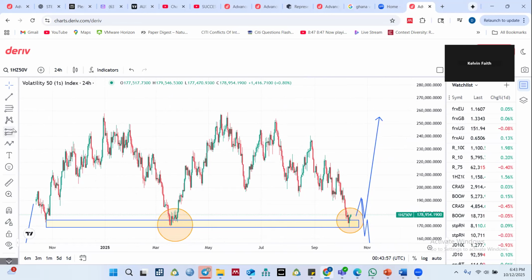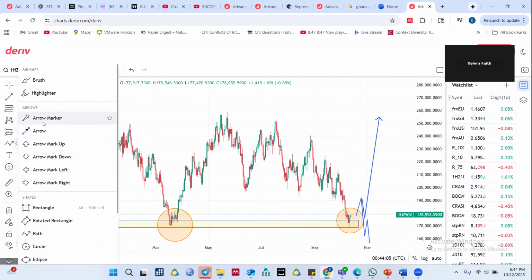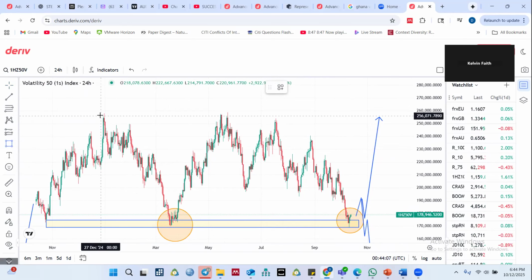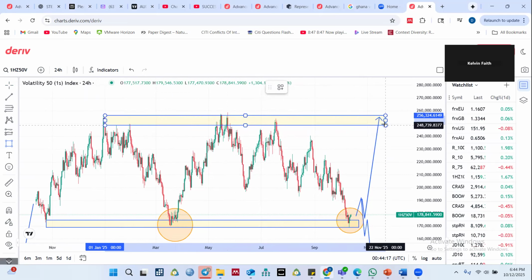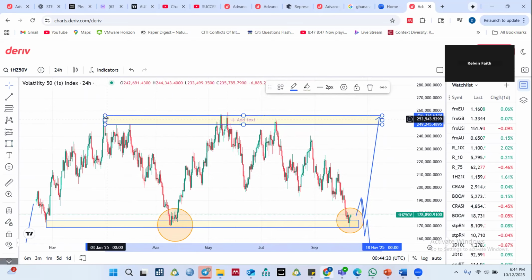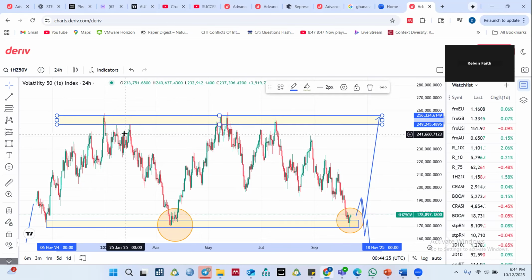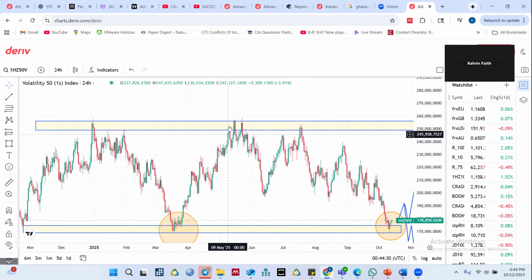So we have support below here. Let's try to identify the resistance that is also above. And this is what we want to be seeing on the chart. We want to see a range. So we hit here up to here, as many touches as I can get. I hit here, here, here, hit, hit.